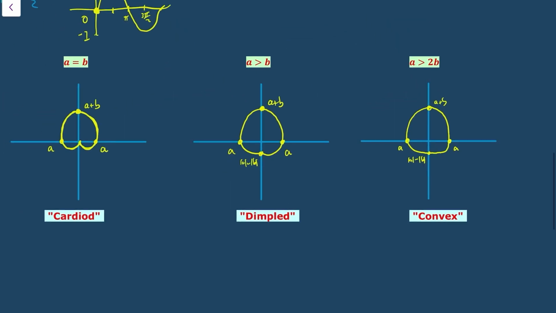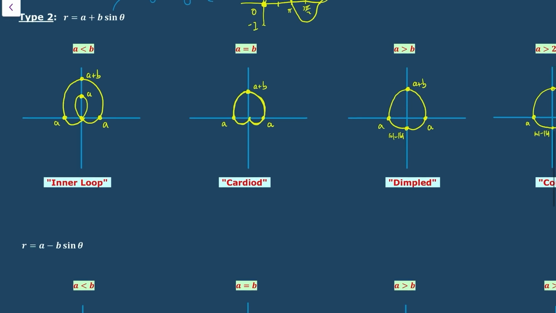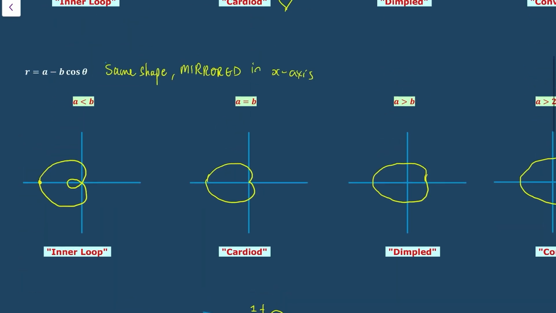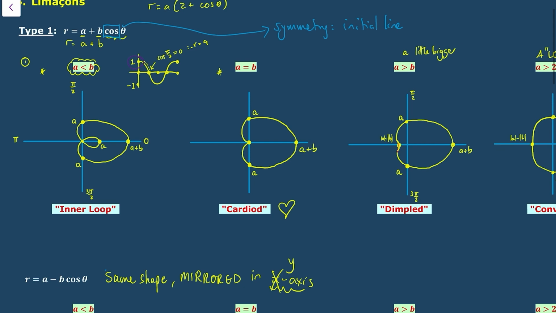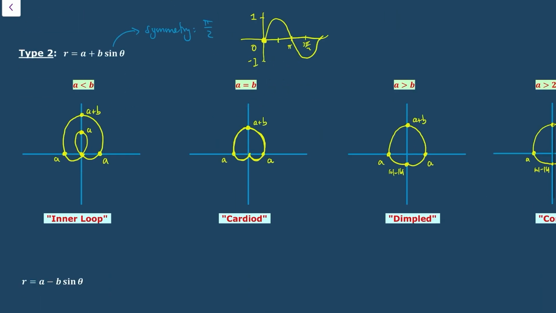Okay, and then if I had A minus B sine theta, the same shapes, but in this case it is going to be reflected in the x-axis. Do you know what? I've just realized I said x-axis here. I obviously meant in the y-axis. Mirrored in the y-axis.